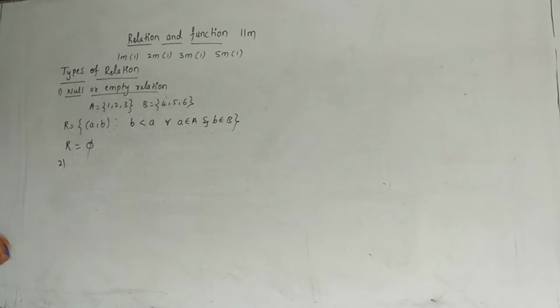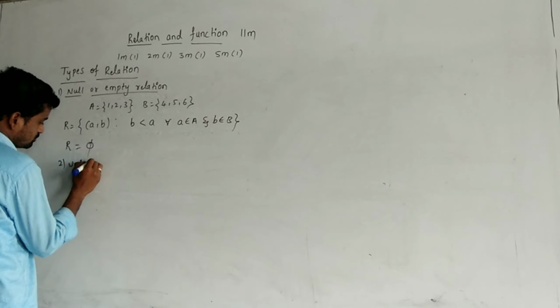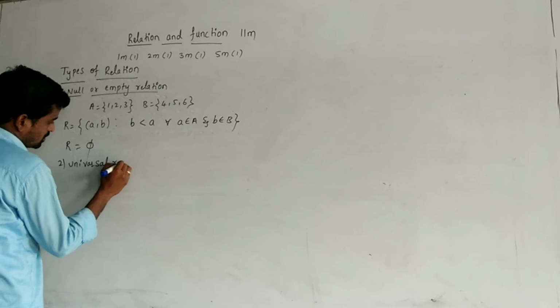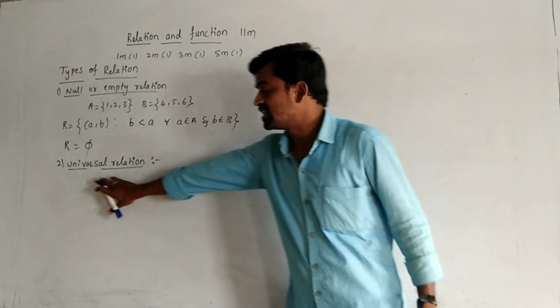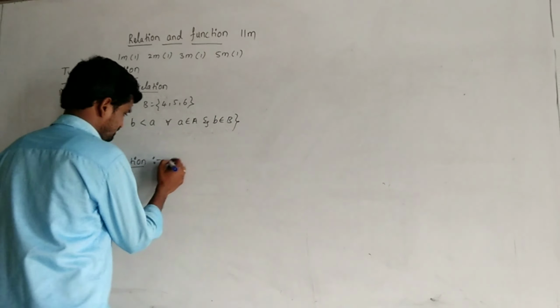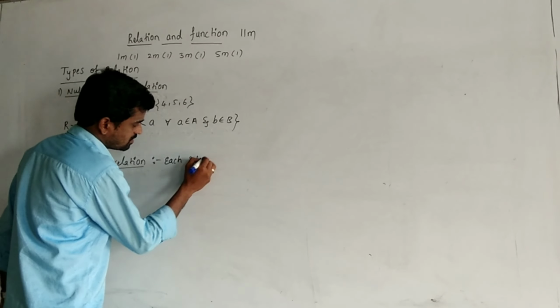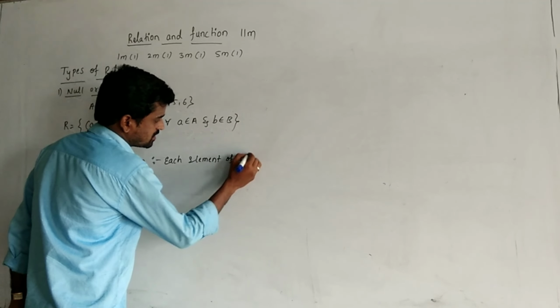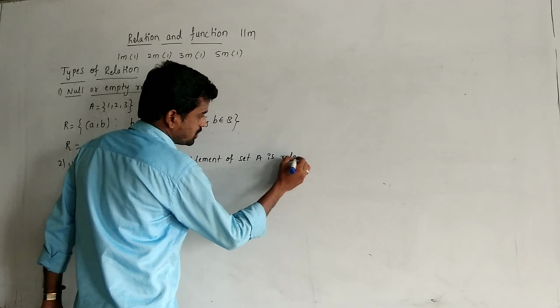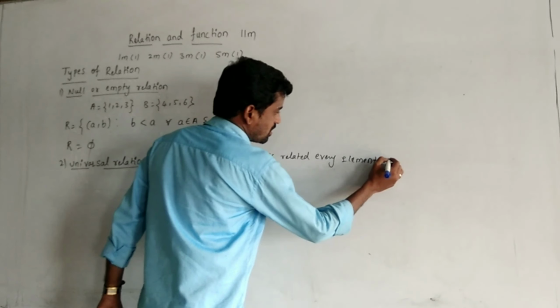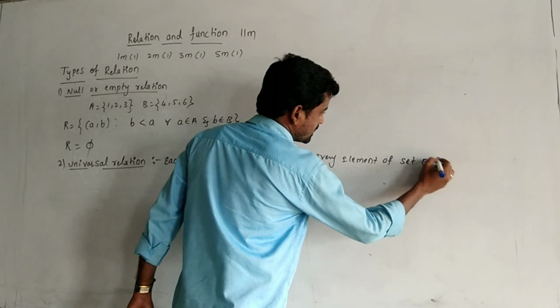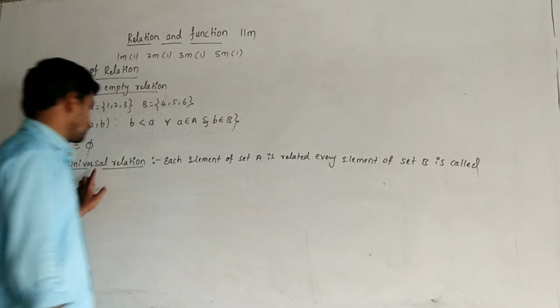Next, second one, universal relation. Each element of set A is related to every element of set B is called universal relation.